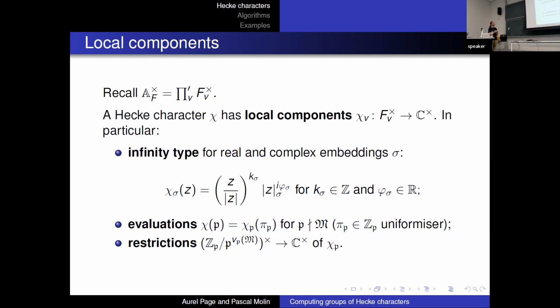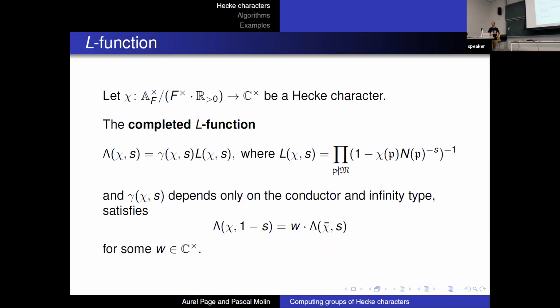And putting all of these together, you can form the L function of your Hecke character. That's one of the main interests of Hecke characters, just by writing this Euler product that puts together all the values of chi at the prime ideals. And then using the conductor and the infinity type, you can form a completed L function. And well, there's a simple recipe to do that.